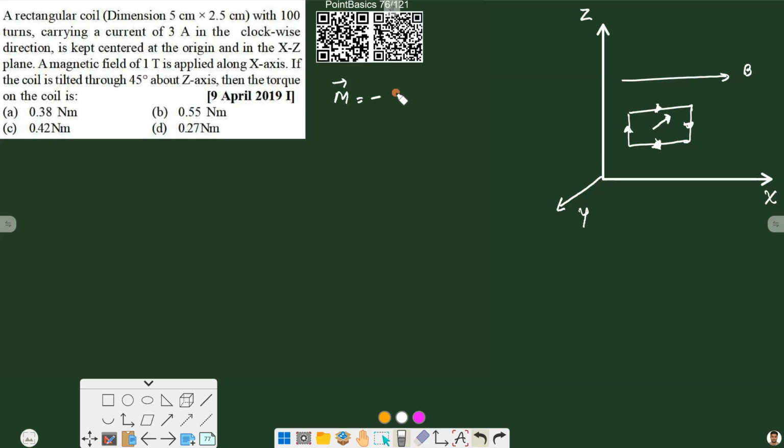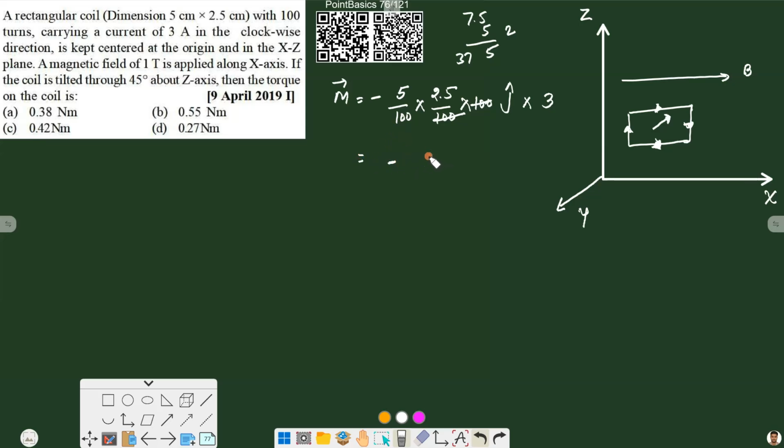Area is 5 into 100 into 2.5 divided by 100 into n, because we have 100 turns, with j sign. And current also needs to be there, so 3. So this will cut, and here we will have approximately 7.5 multiplied by 5, so 35 plus 2, 37.